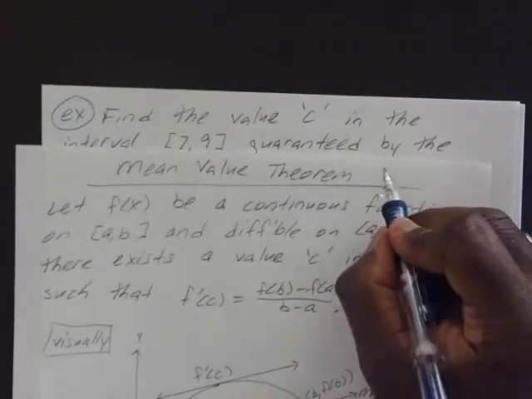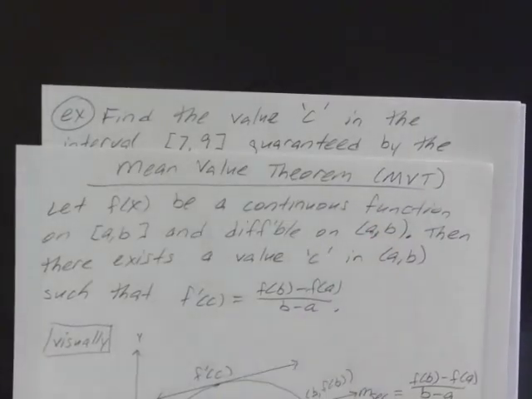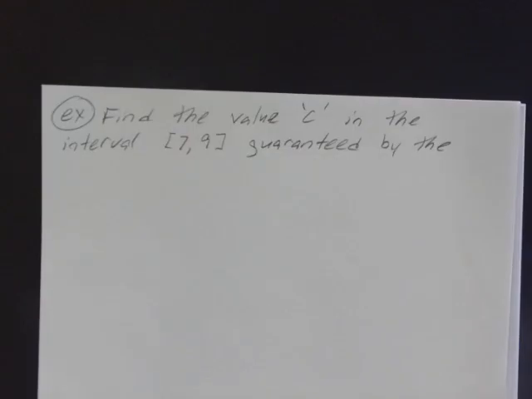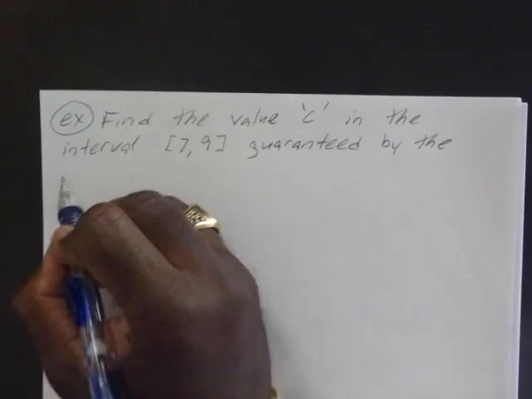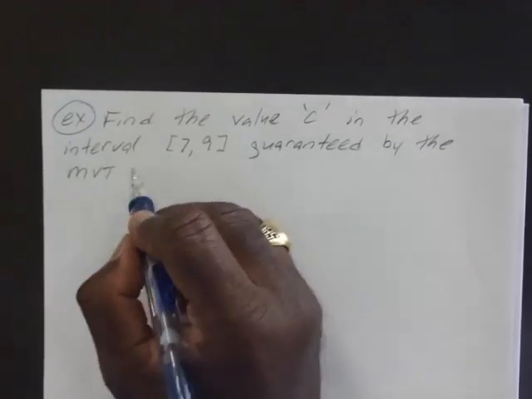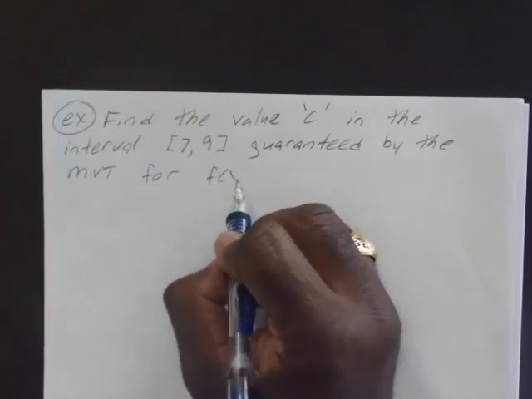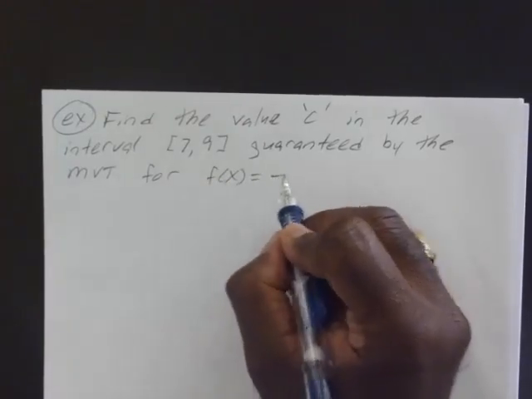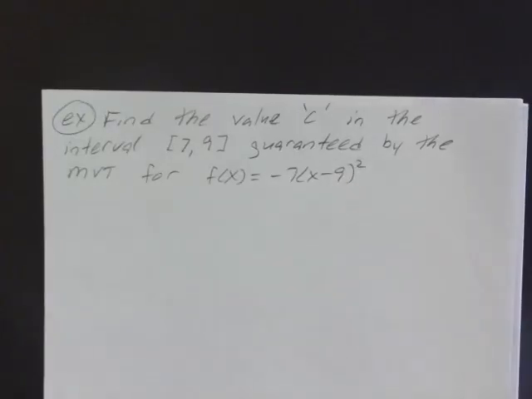A lot of times you'll just see MVT. You get tired of writing out the whole thing over and over. Guaranteed by the mean value theorem for f of x is equal to -7 times x minus 9 squared.